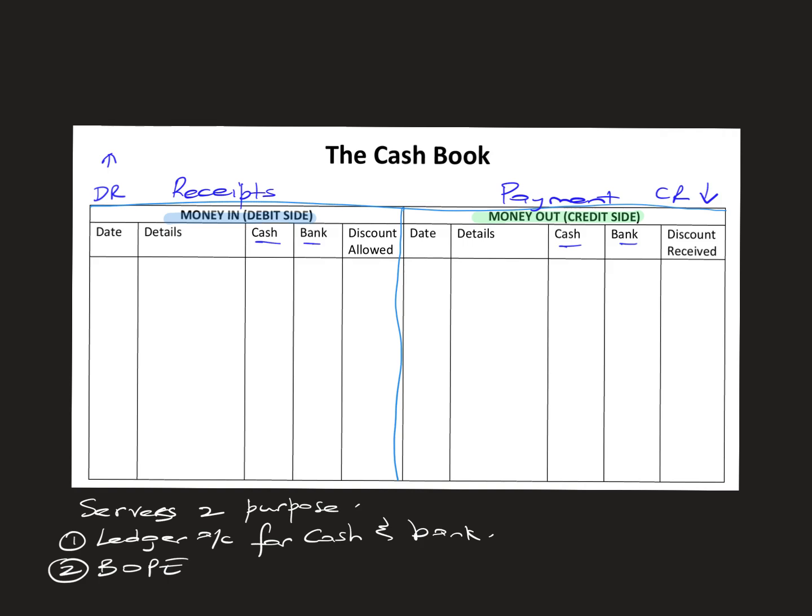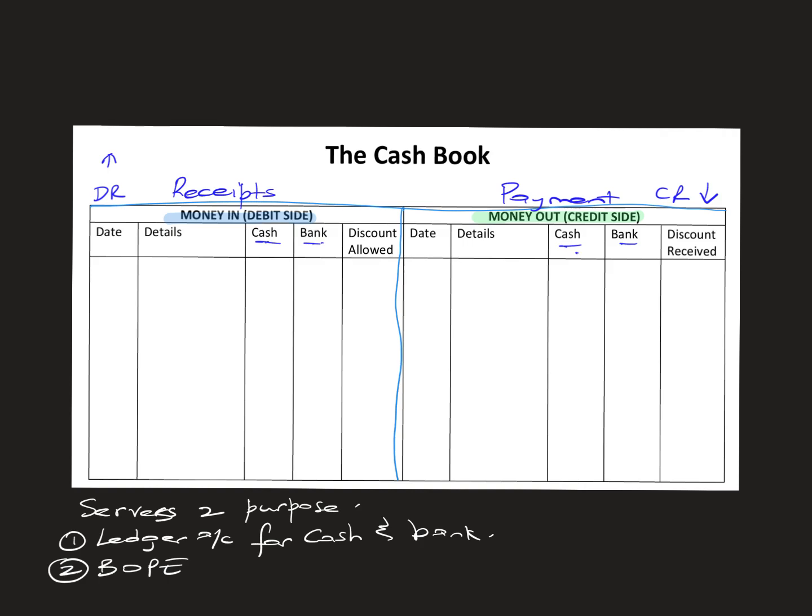So journals like this, the purchases journal or the sales journal, sales returns journal or the purchases returns journal. You'll recognize here that this is like a ledger for two accounts brought together in a book, where side by side you can actually see the cash and the bank columns.